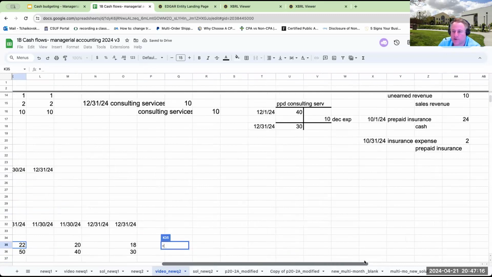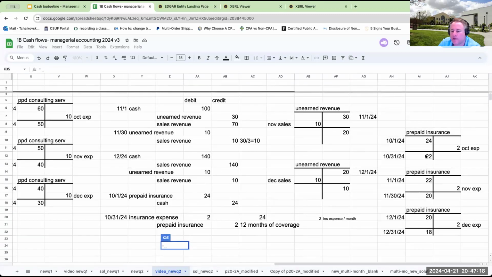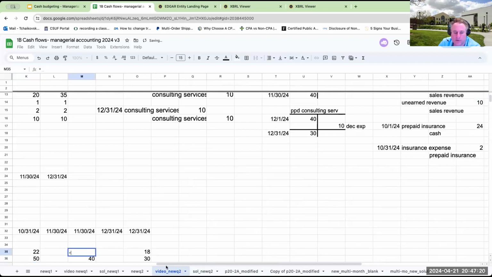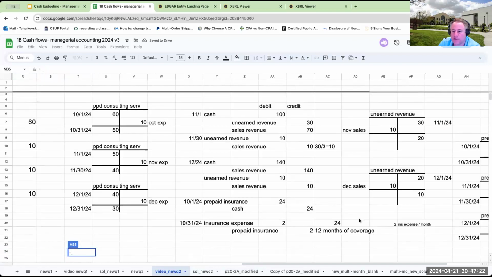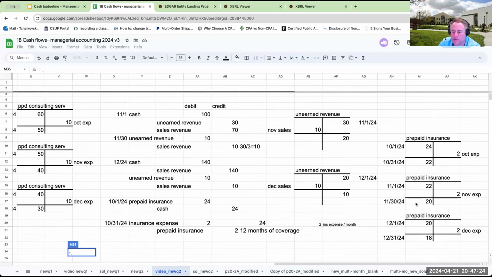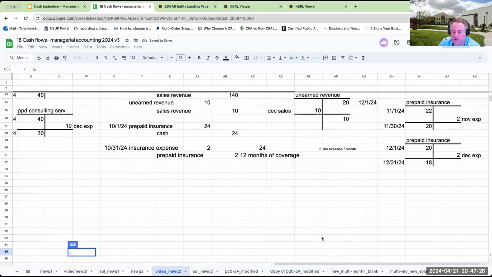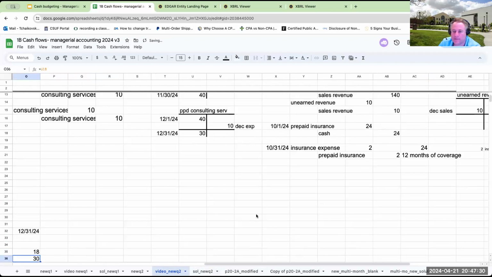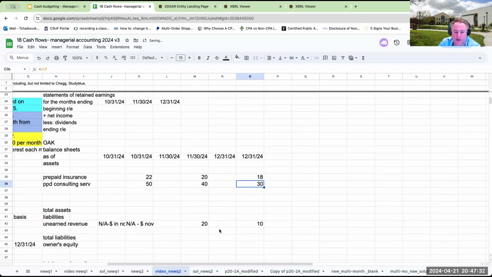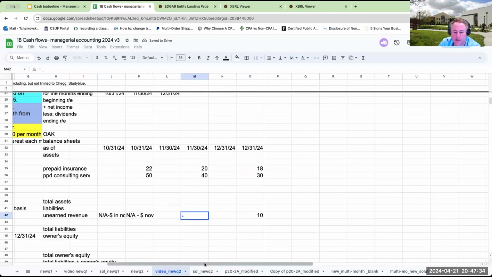The prepaid insurance, I'll link these up. 22. This is going to go over here to 20. And then this is going to go over here to 18. The unearned revenue, this is still not linked.